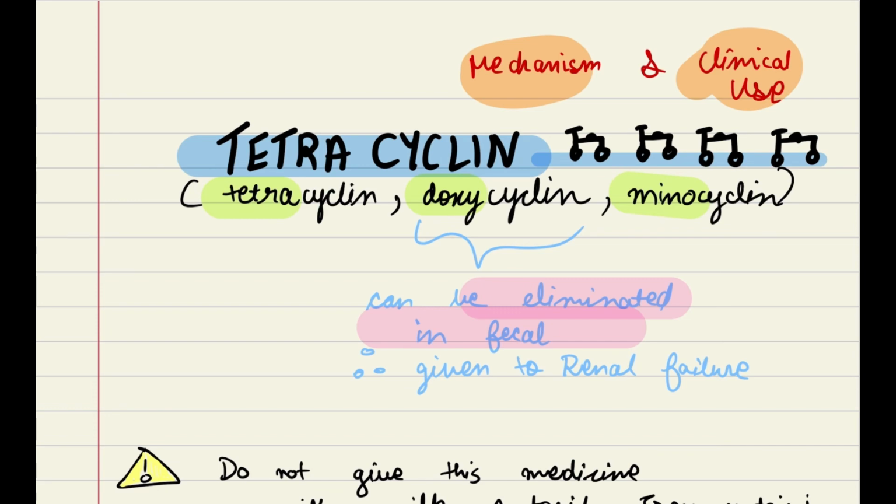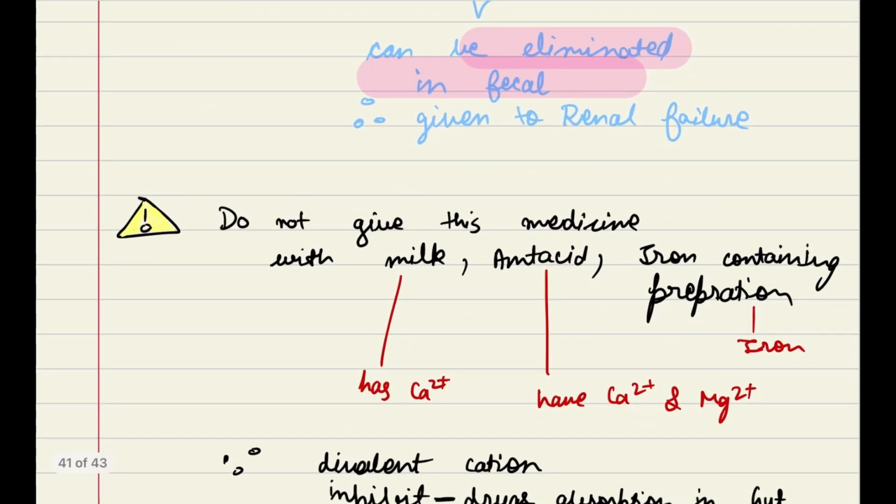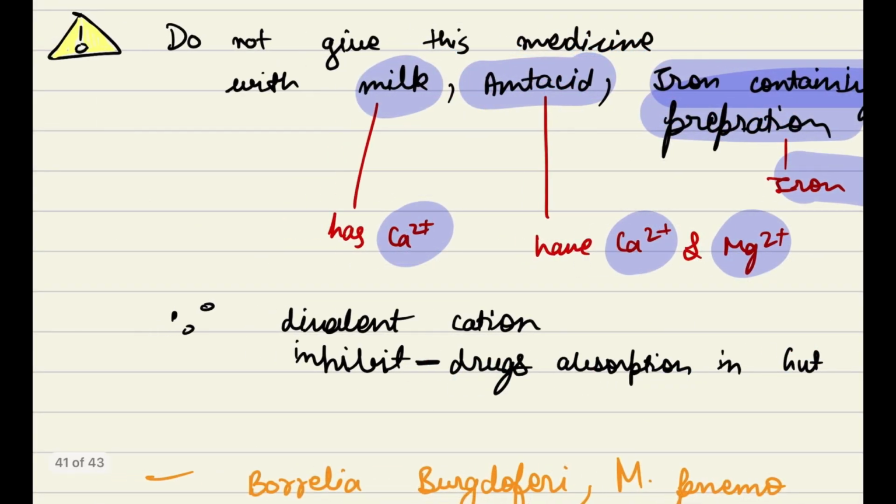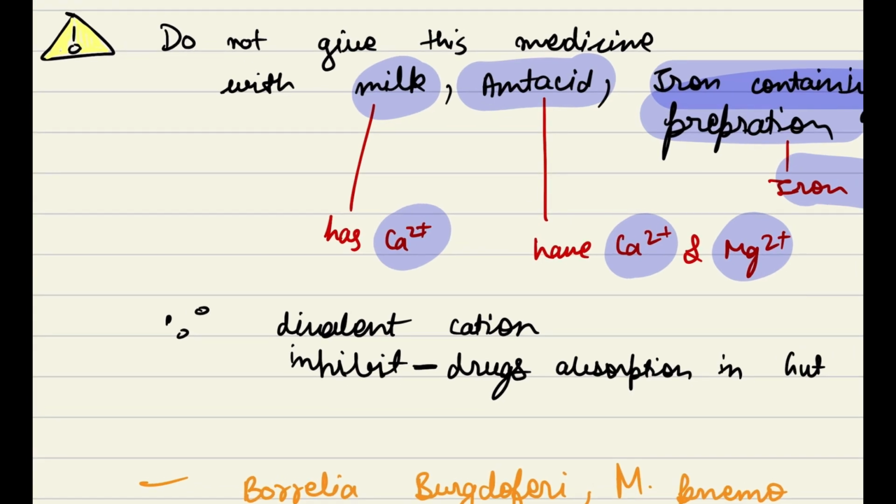Why? Let us look into it. Why not milk? Because it has calcium in it. Antacid, because it has calcium and magnesium in it. Why not iron containing preparation? Because it has iron in it. Now these three things, calcium, magnesium, and iron, are divalent cations. Therefore they're gonna inhibit the drug absorption in the gut. Make a note.